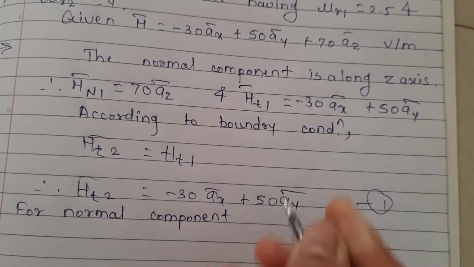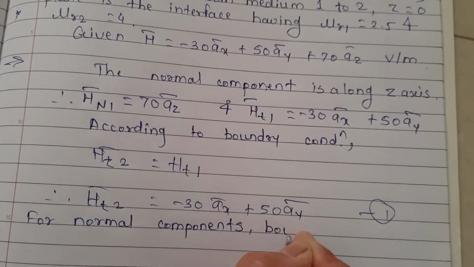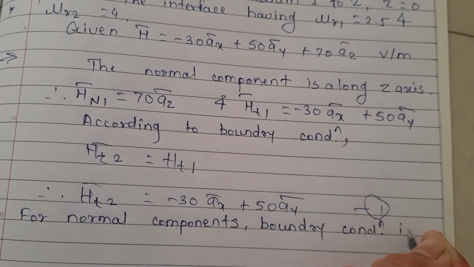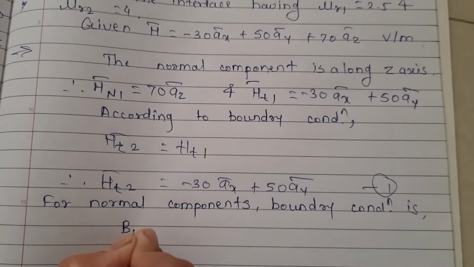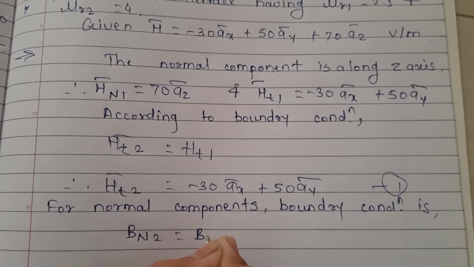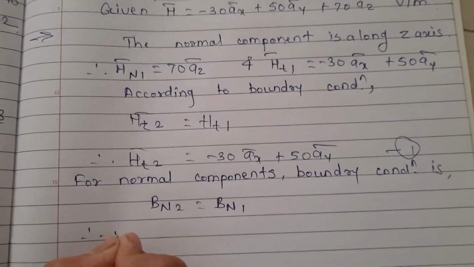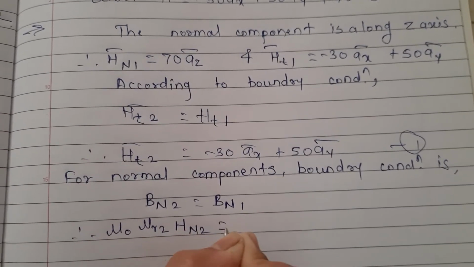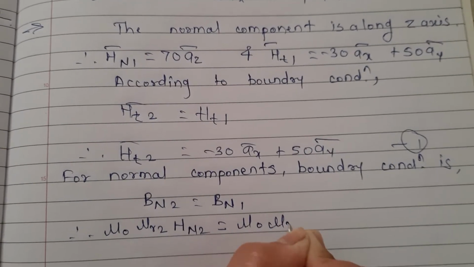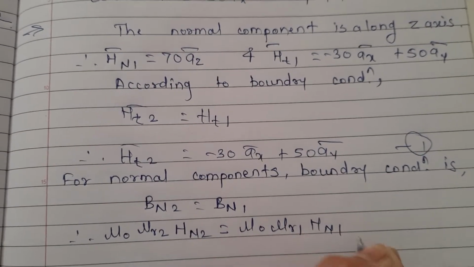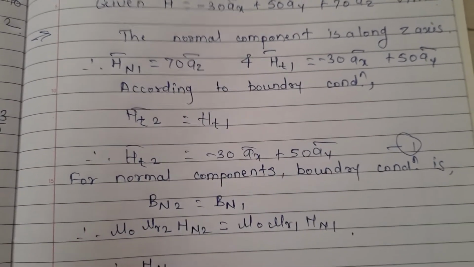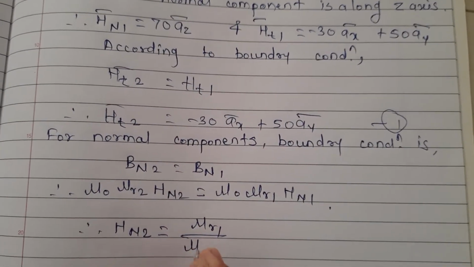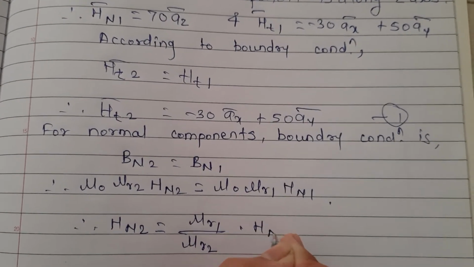Now for the normal components, the boundary condition is Bn2 is equal to Bn1. So we can write mu0 mu r2 Hn2 is equal to mu0 mu r1 Hn1. So Hn2 is equal to, mu0 gets cancelled, mu r1 by mu r2 into Hn1.